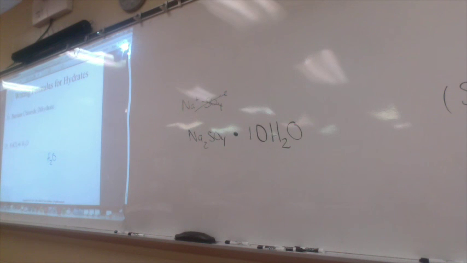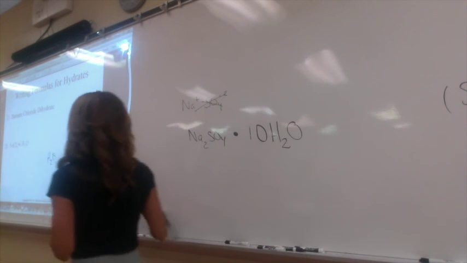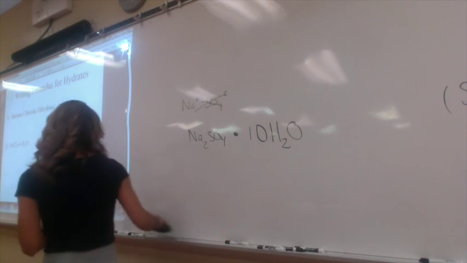Go ahead and do these two. Barium chloride dihydrate, write the formula, and then take number 2 and write the name.